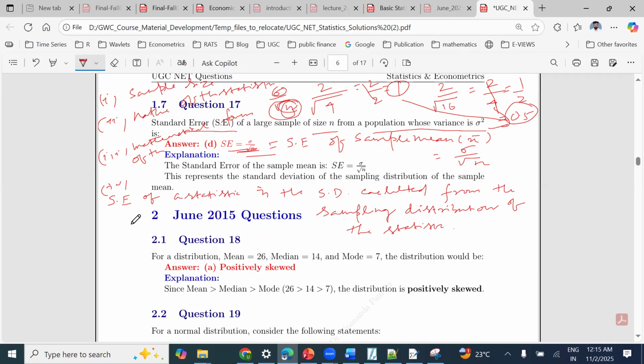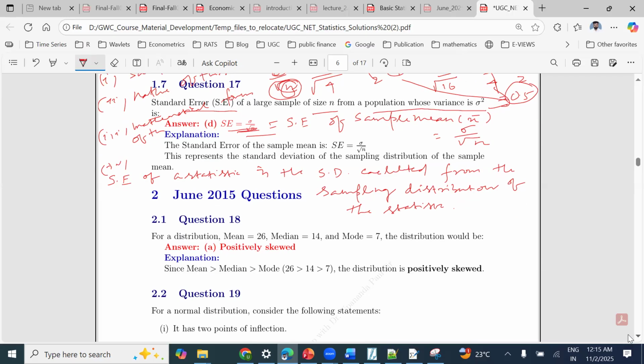Now, can anyone tell me what is the difference between standard error and standard deviation? What is the formula of standard deviation? Sangeeta, the question is to you. Standard error and standard deviation, they are different, na?